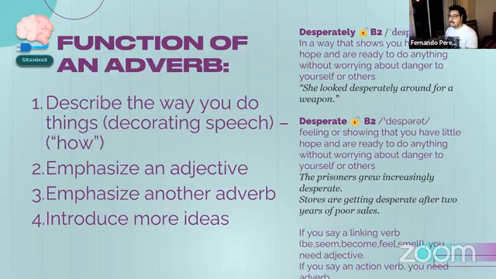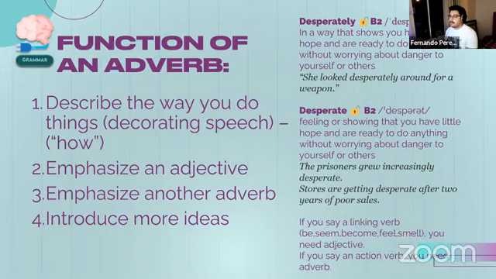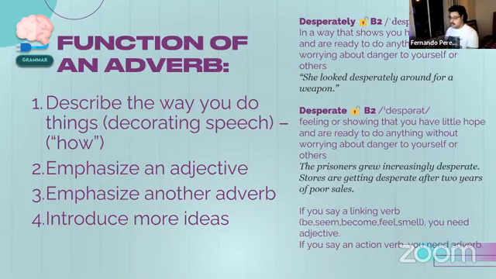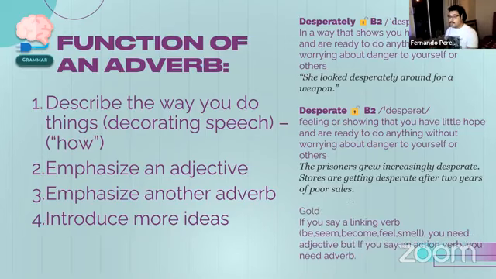There we go. That's going to be a golden rule of adverbs.